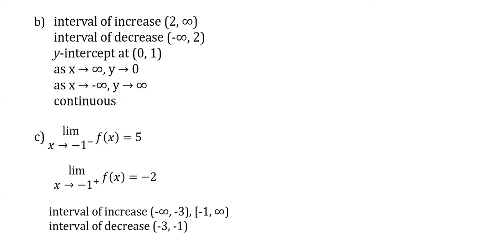Somebody reminded me this morning that they may not know this notation. This is interval notation. We start using it in calculus. I used it a little bit in advanced functions, but not everybody does. So what does it mean? This means from 2 to positive infinity, so that means x greater than 2.